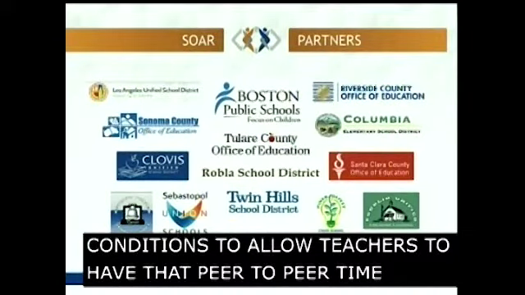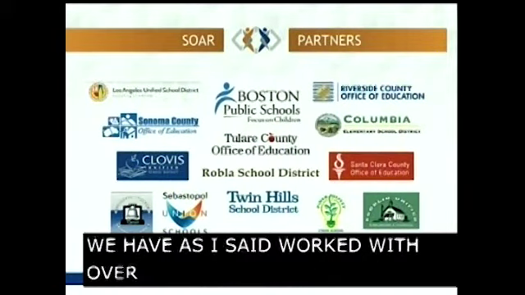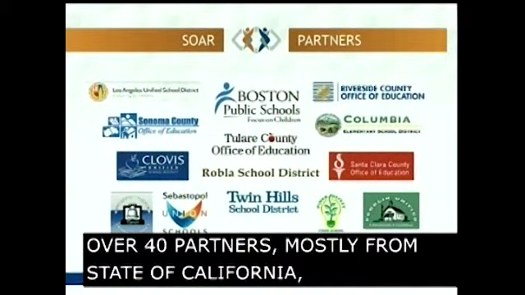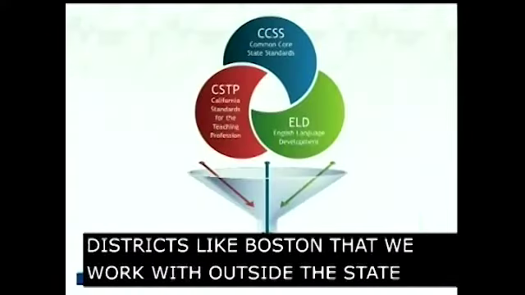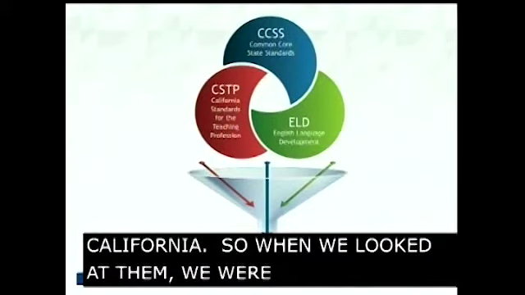And we have, as I said, worked with over 40 partners, mostly from the state of California, but some districts like Boston that we work with outside the state of California. So when we looked at them, we were looking at teacher growth and student growth.